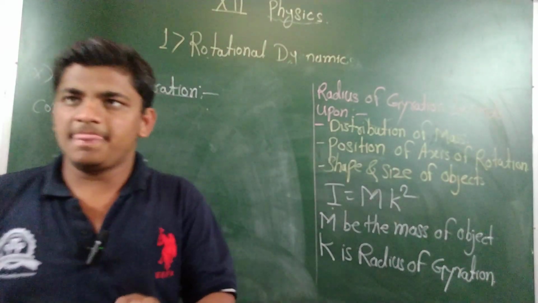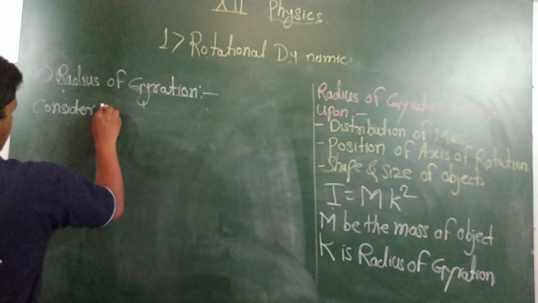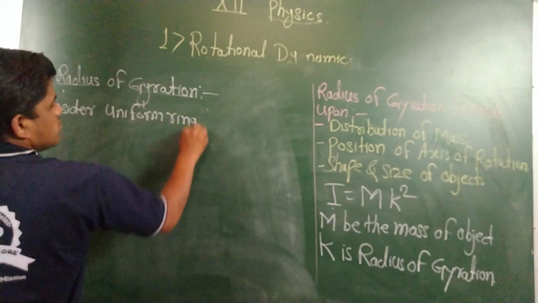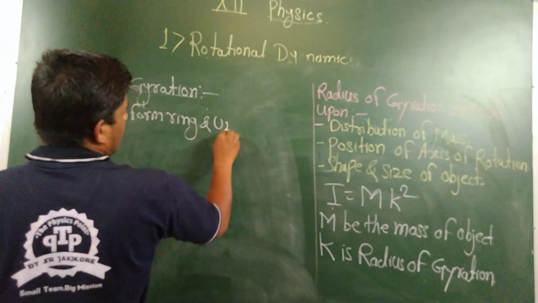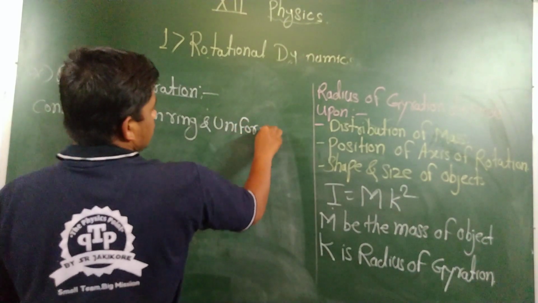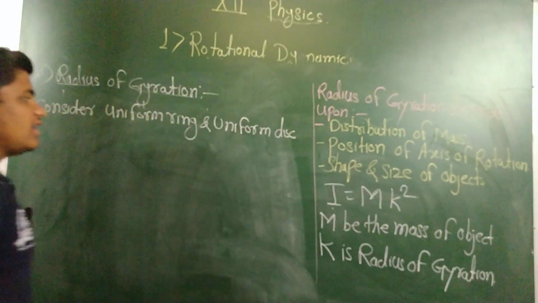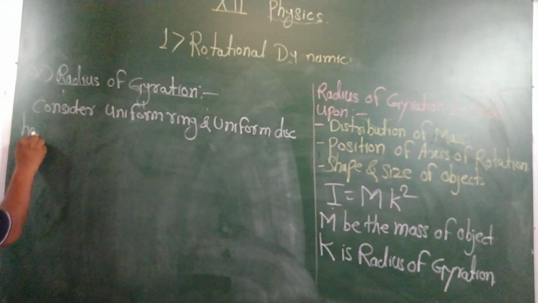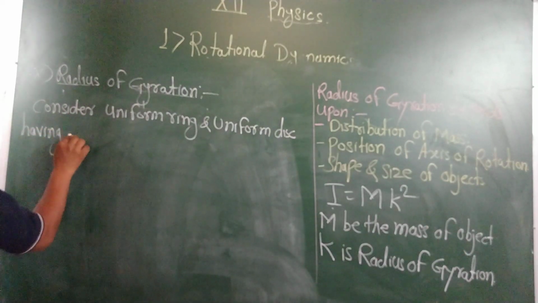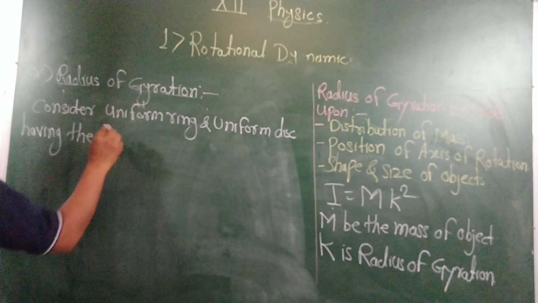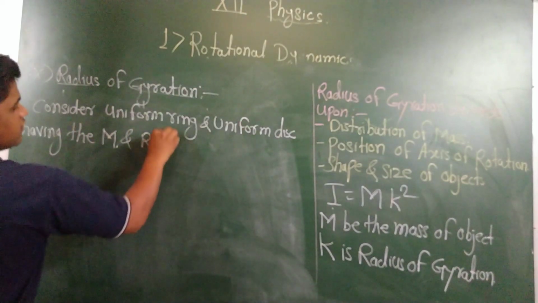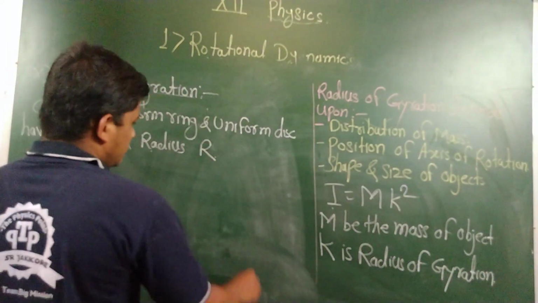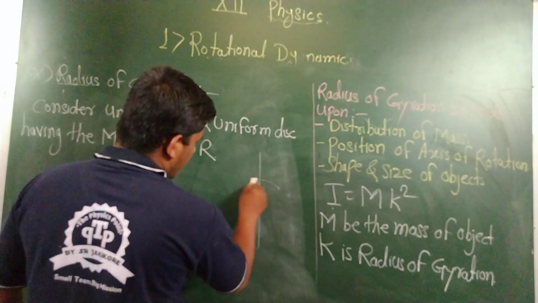Consider a uniform ring and a uniform disk, each having mass capital M and radius capital R. It is not a radius of gyration, only the radius.